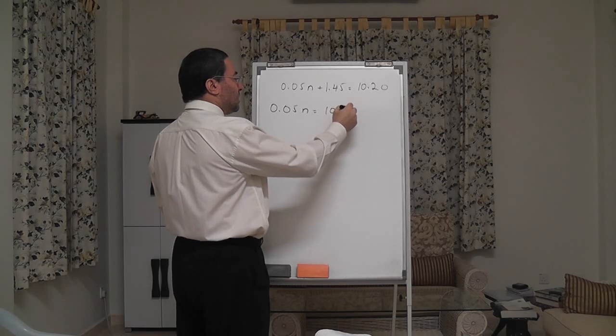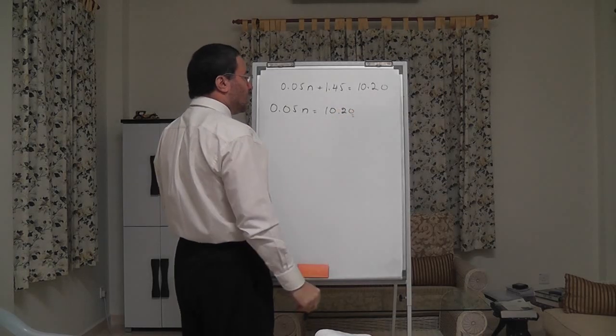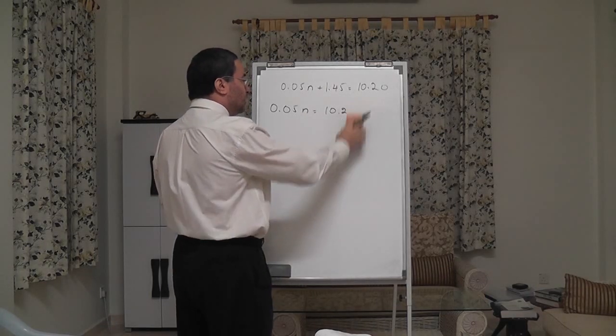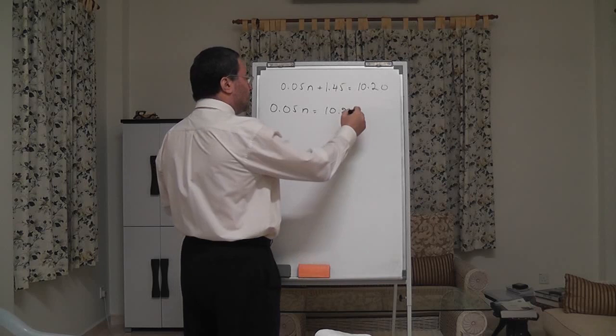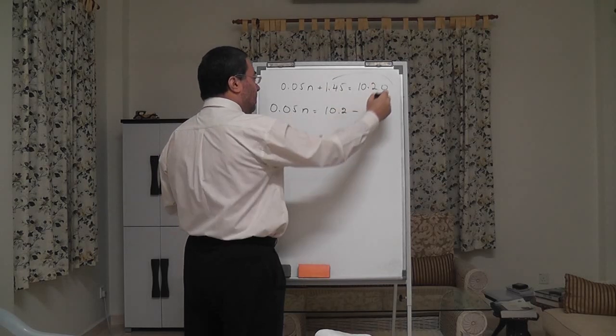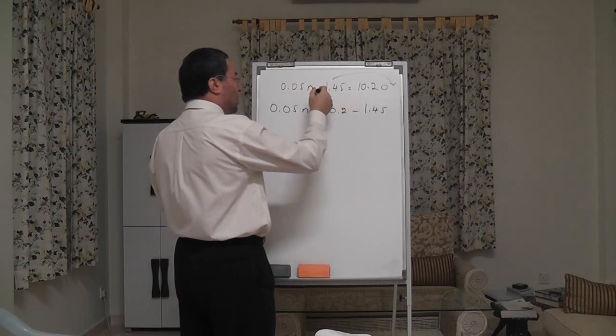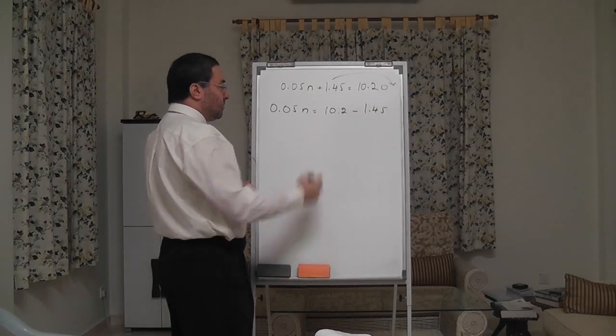I don't need to put this 0 here because it is an additional 0 that has no value. So if you want, you can take it out. We move this to the other side and change the sign. It was plus, it became minus.